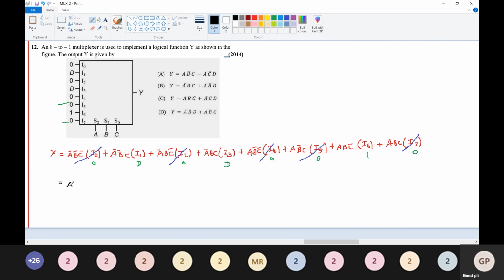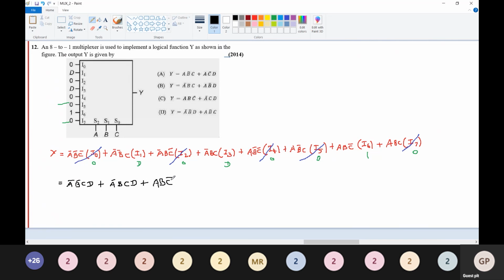Which is A dash B dash C into D, plus A dash B C and D, plus A B C dash, plus A B C dash.